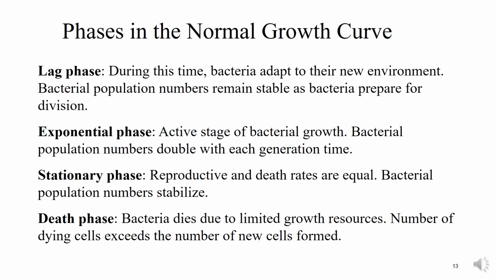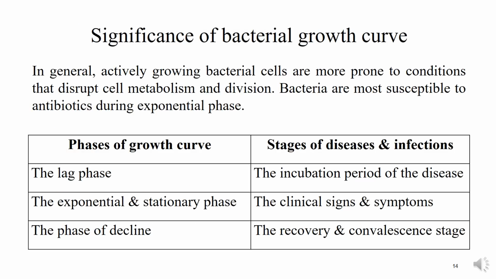This slide once again explains the different phases of the bacterial growth curve. Bacteria that are growing in the exponential phase are easy to disrupt using antibiotics. It's easy to disrupt actively growing bacterial cells when they are in their exponential phase.